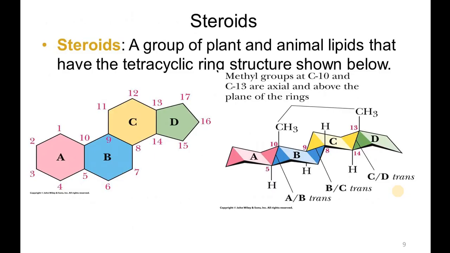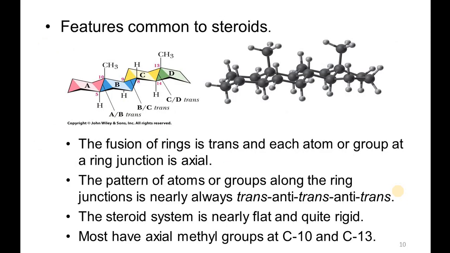Now another unique structure of lipid is steroids. You are already aware that steroids are a group of plant and animal lipids that have a tetracyclic ring structure, shown in the structure below. This type of tetracyclic ring is seen in the structure of steroids. Now some features common to steroids: the fusion of the rings is trans, and each atom or group at a ring junction is axial.